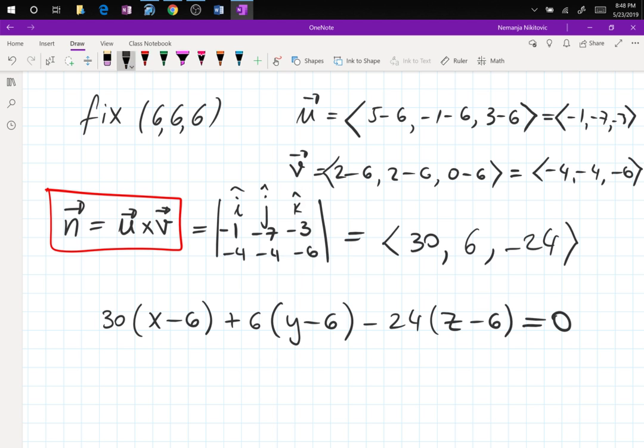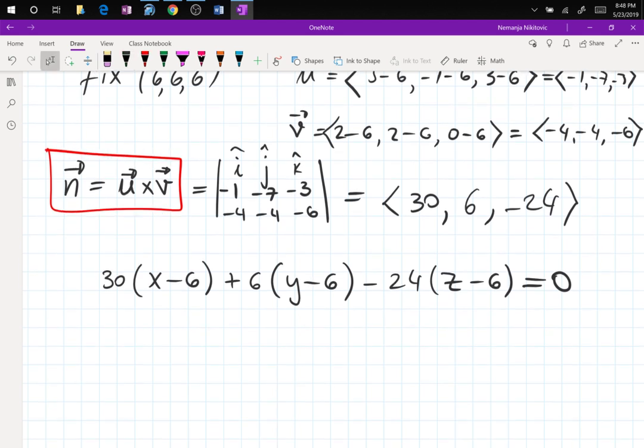And since I anchored 6, 6, 6, then I have those as x0, y0, z0, and I place them in the parentheses. And now, this is where our equations need to be the same.